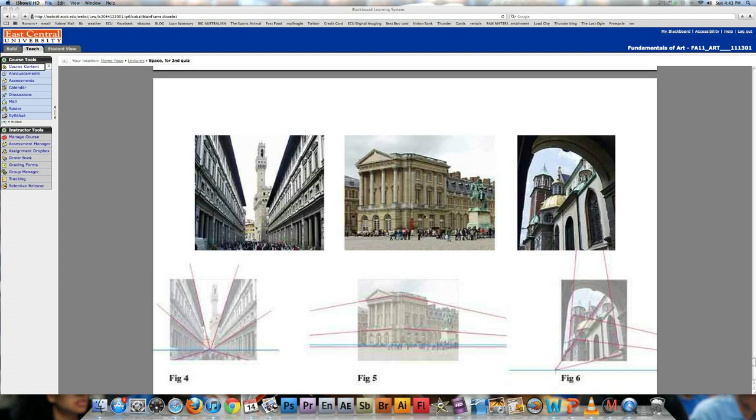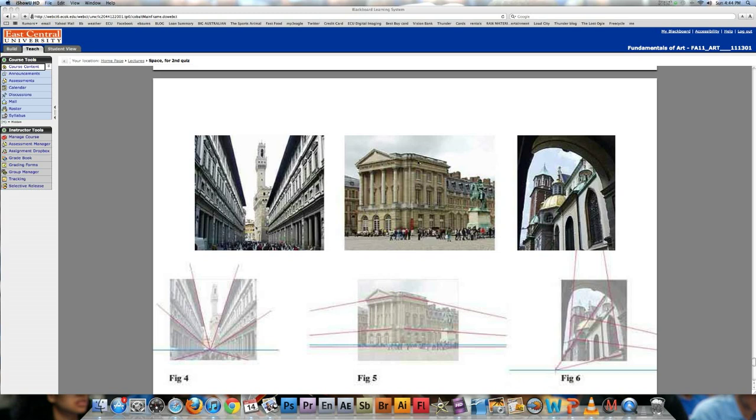Two-point perspective, the vertical lines of this building are still parallel, but the horizontal lines recede off to two different vanishing points. This line right here goes off somewhere over here off the picture. Actually, it's more like about here, because that same vanishing point connects this line. Okay?